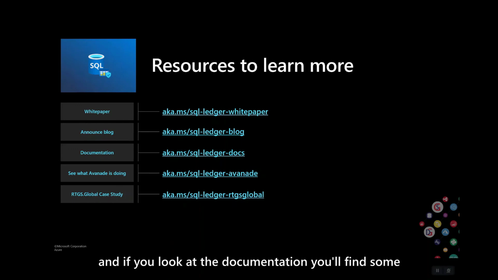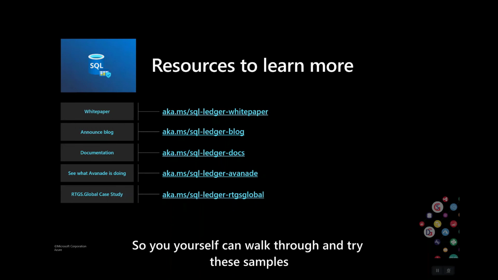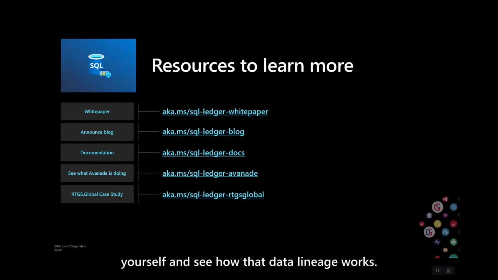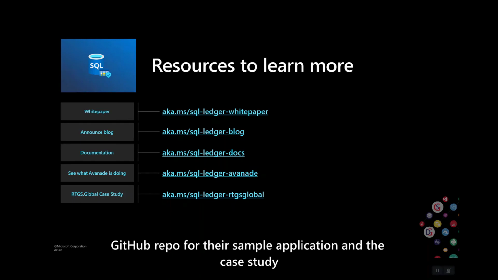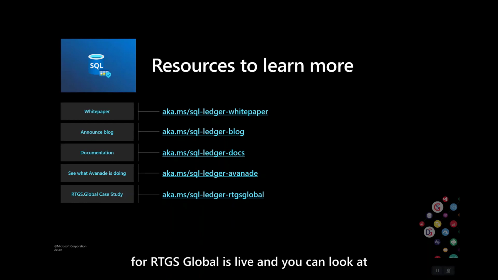Documentation, of course. And if you look at the documentation, you'll find some tutorials that map the scenario that I just talked about, so you can walk through and try these samples yourself and see how that data lineage works. There's a link here to the Avanade blog and their GitHub repo for their sample application, and the case study for RTGS Global is live, and you can look at that link here.